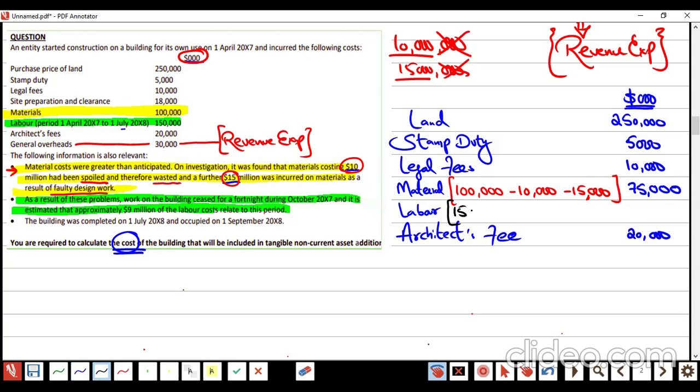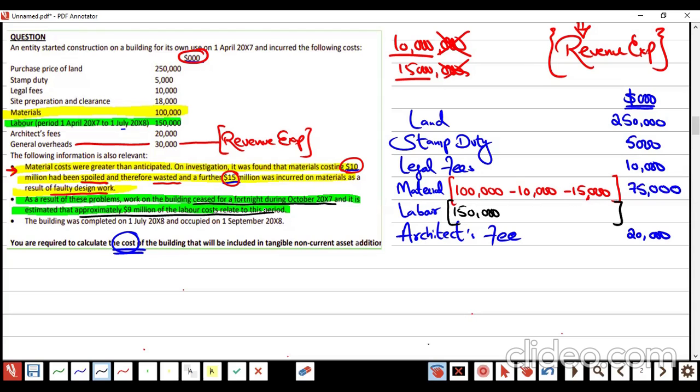What about labor? Labor, we incurred 150,000. They are saying that because of a problem, the wrong design, the work stopped and we paid 9 million. You can say we are paying but not getting work from labor because of the contract. Idle time we have to pay, no?